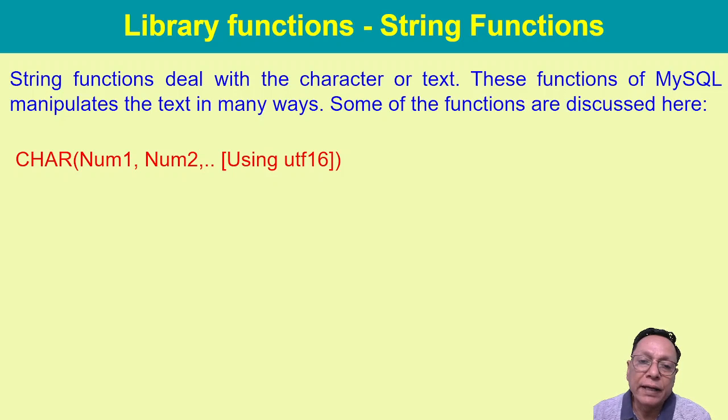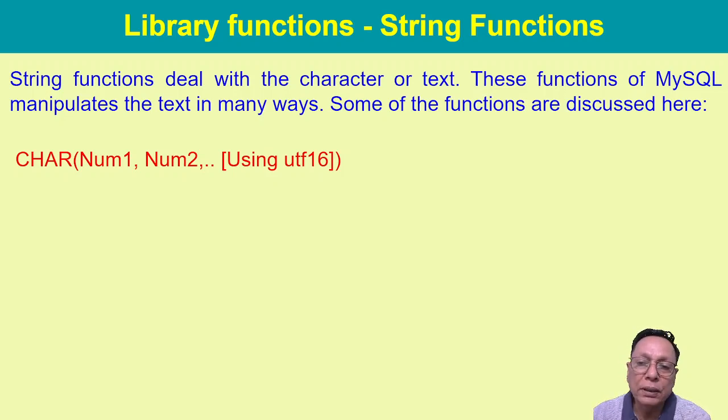So as far as the char function is concerned, this gives the ASCII value of the number given along with the character. When you give, say, char 65, the ASCII code of 65 is capital A, and 66 the character is capital B, and so on.